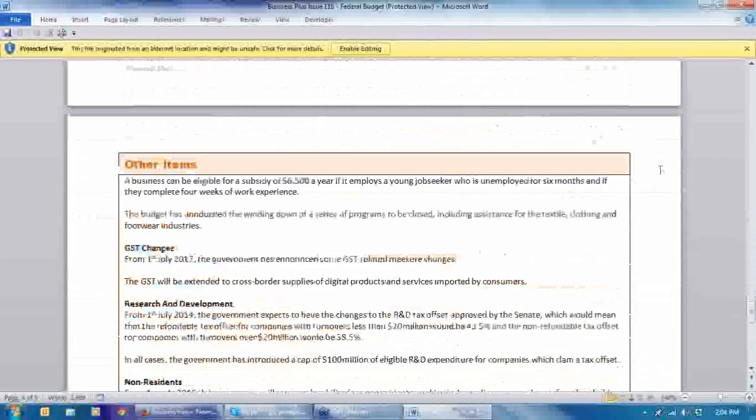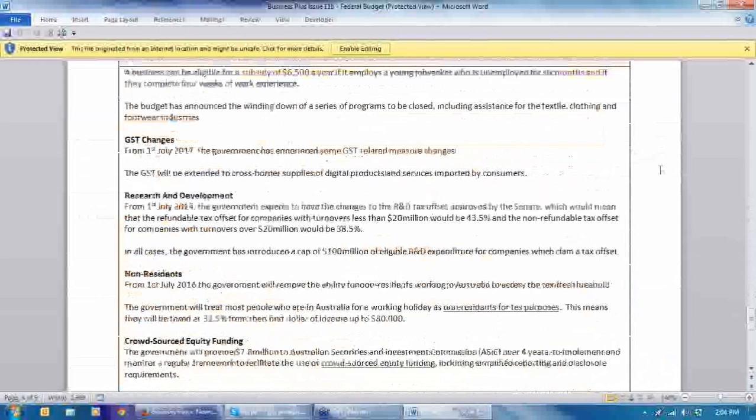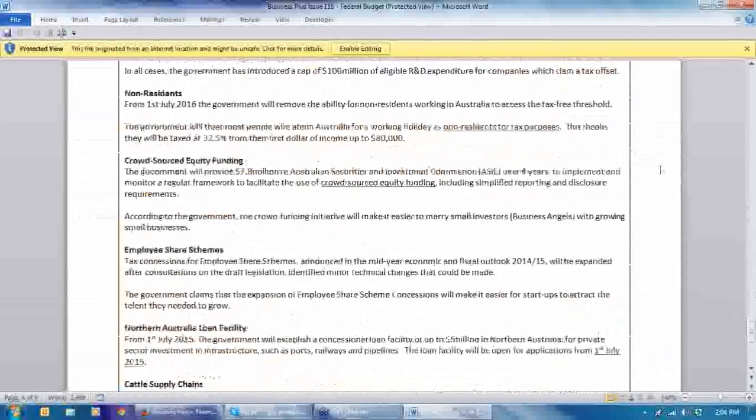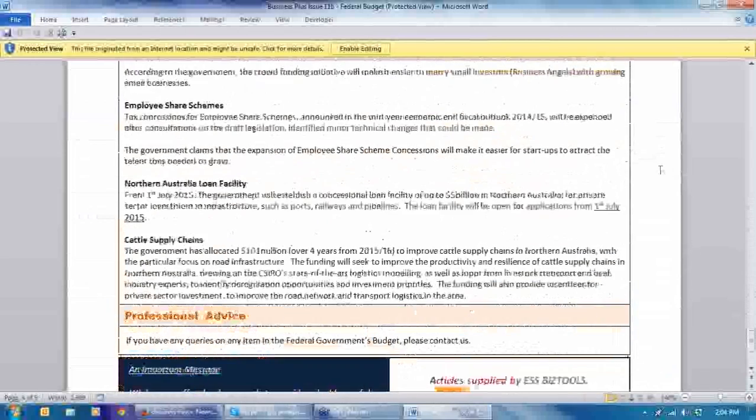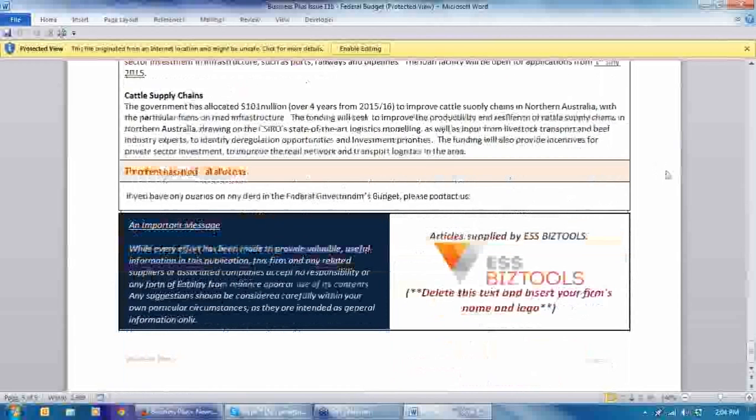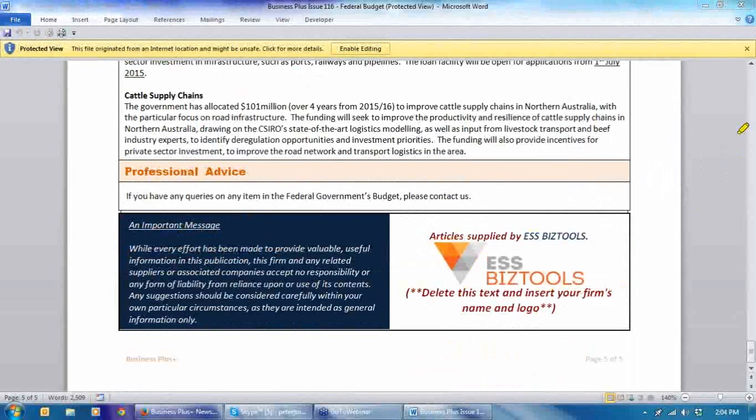So that's how that document is prepared and forwarded to clients who can badge and send it to their clients. And obviously the logo at the end can also be removed, and you would insert your own logo.